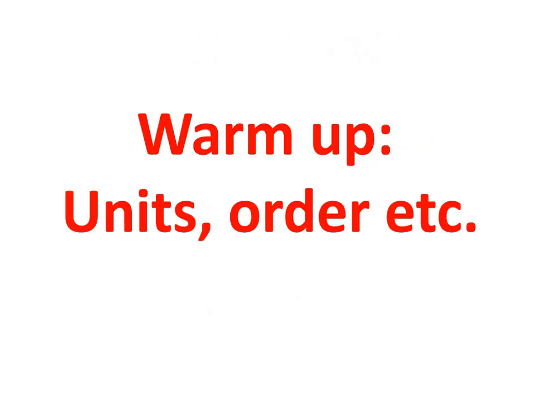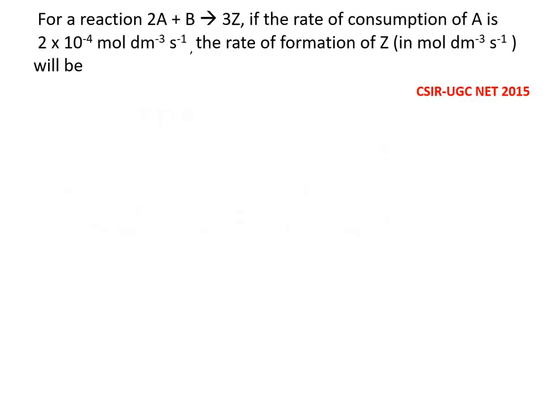First, let us start with some warm-up problems on unit, order, etc. The first problem goes like, for a reaction 2A plus B to 3Z, if the rate of consumption of A is given, the rate of formation of Z is asked. So as you see, the reaction is 2A plus B, and that gives you 3Z, right?